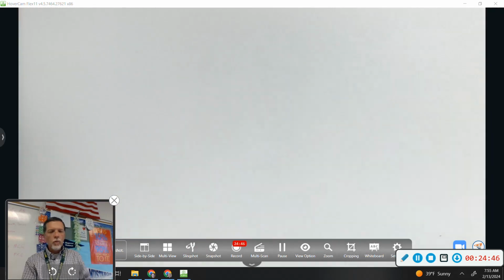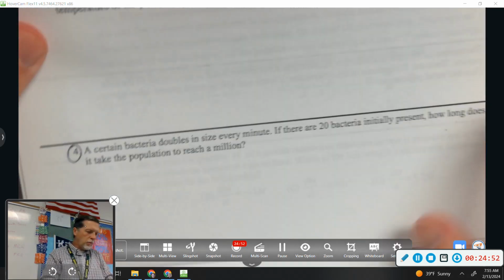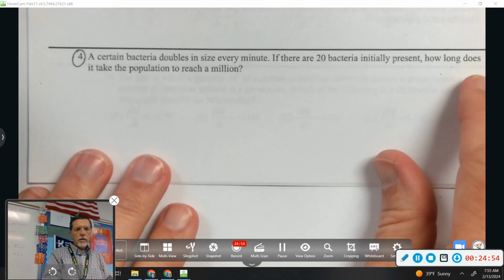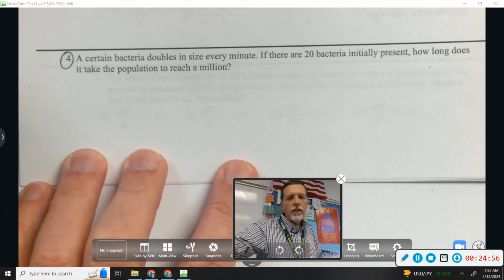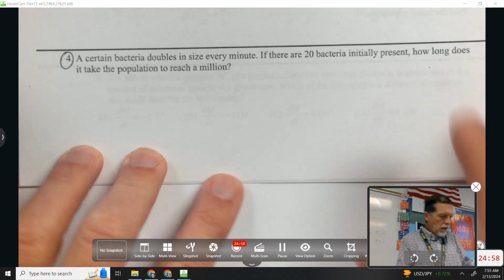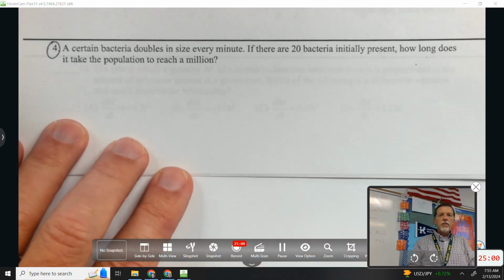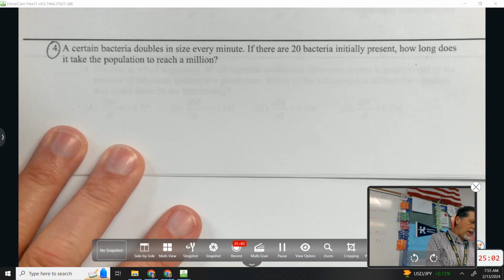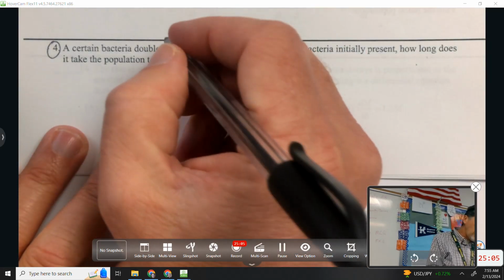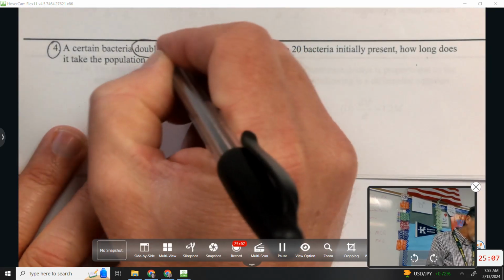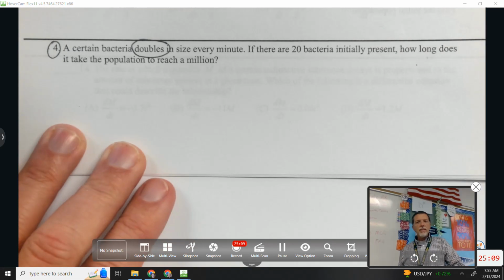Okay, let's look at the worksheet, and let's do number 4 together, because this is sort of like the half-life thing, except a certain bacteria doubles in size every minute.